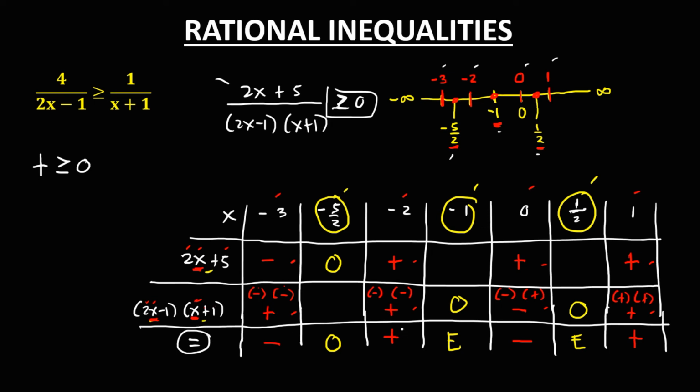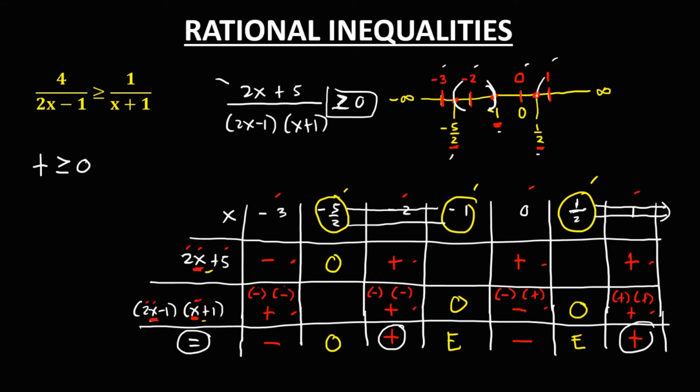Since we have this positive between negative 5 over 2 and negative 1, and also this positive to the left of positive 1 half.